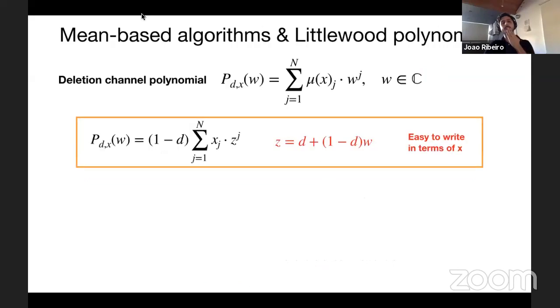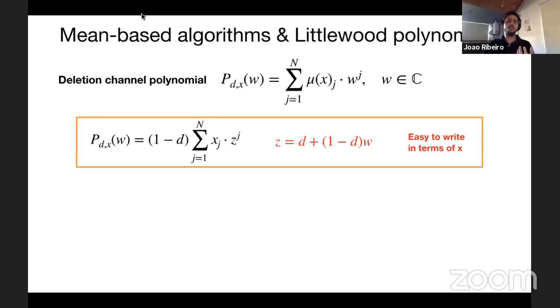But it turns out that it's very easy to rewrite this deletion channel polynomial such that now the coefficients are explicit in terms of x, and they have a very simple form. If, instead of having w, you make a change of variable to this z that's set like here, you get a polynomial with coefficients corresponding to the symbols of x.